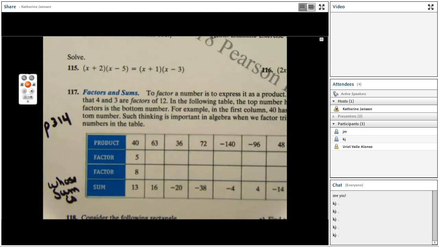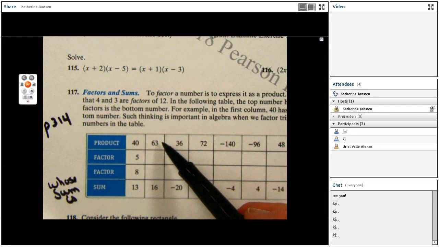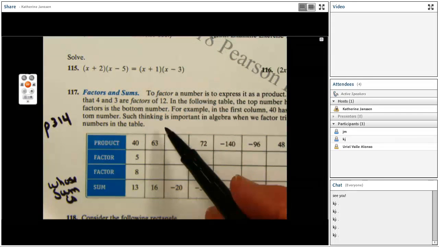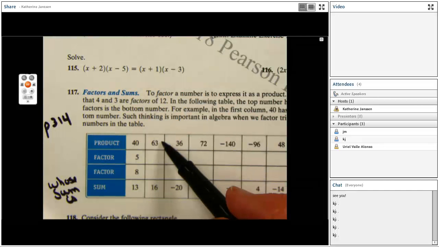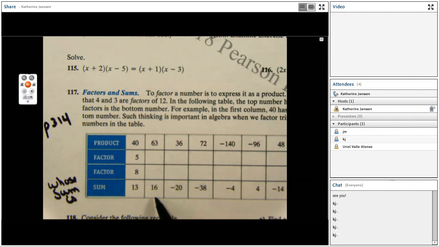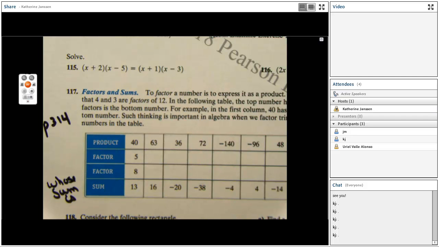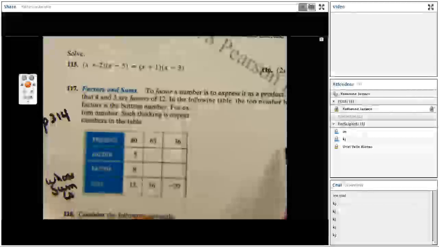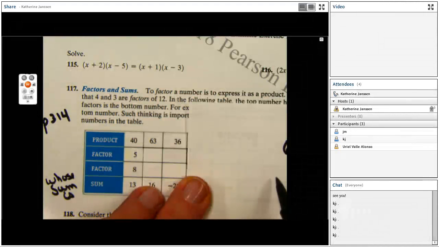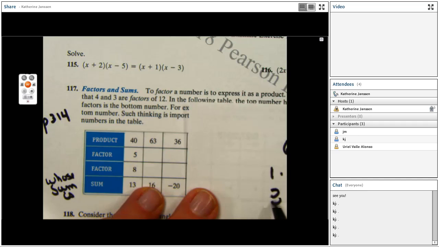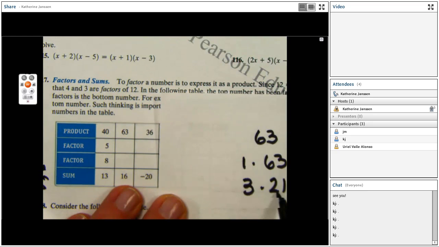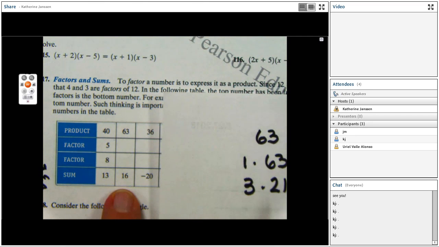So 63, we're trying to factor 63. Find two factors, something times something equals 63, but the sum of your factors is 16. Well, 63, we can factor as 1 times 63, 3 times 21, but 3 plus 21 would be 24, not 16.